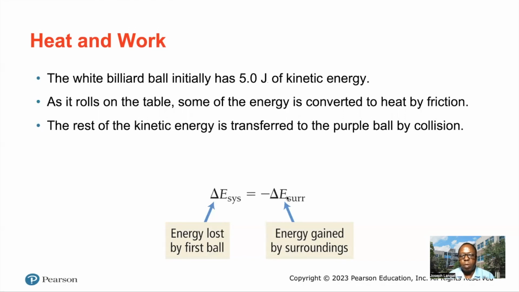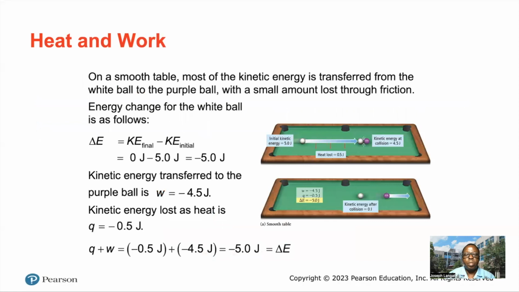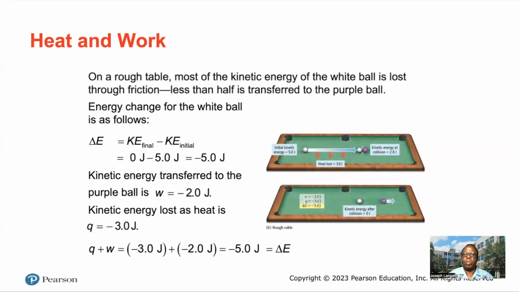That means the surroundings are gaining what was lost by the first ball, gained by the second ball. It's just an illustration of the transfer of energy. Energy cannot be created or destroyed. The net change is the same throughout.